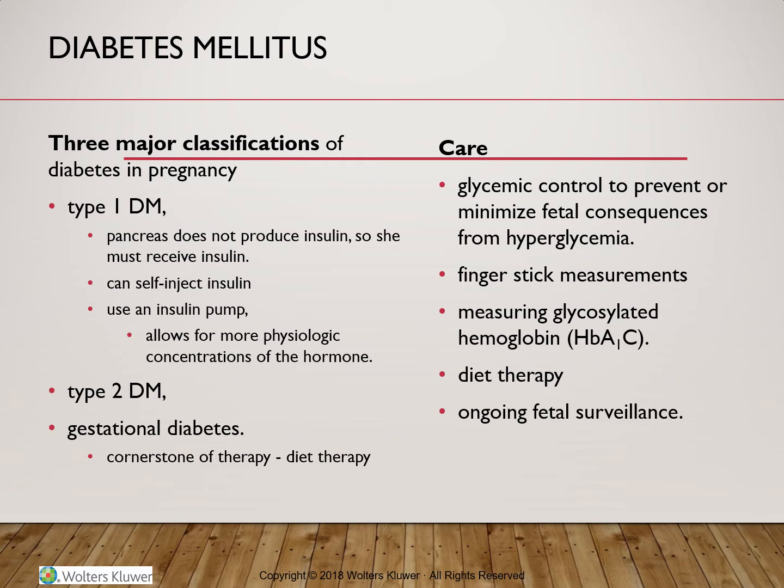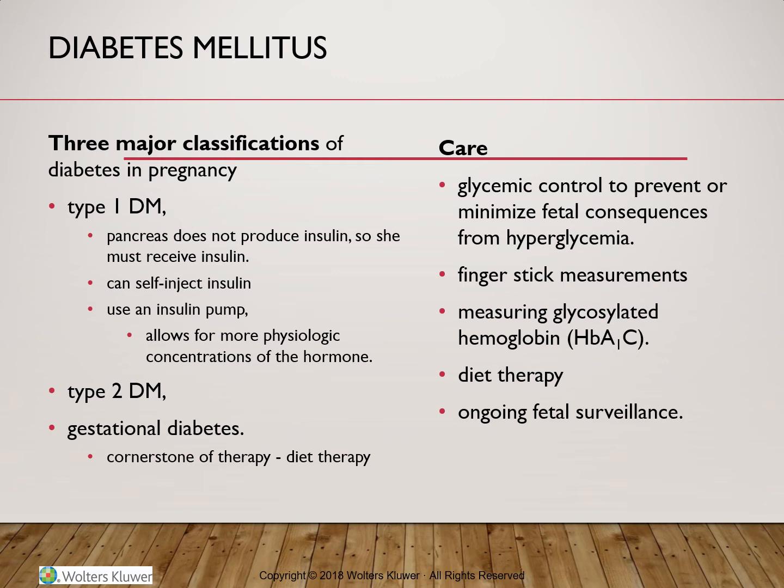The normal values need to be under 180 for the first hour, 155 for the second hour, and 140 for the third hour. We'll have a diagnosis of gestational diabetes mellitus if 2 or more values meet or exceed the levels that I gave you before.